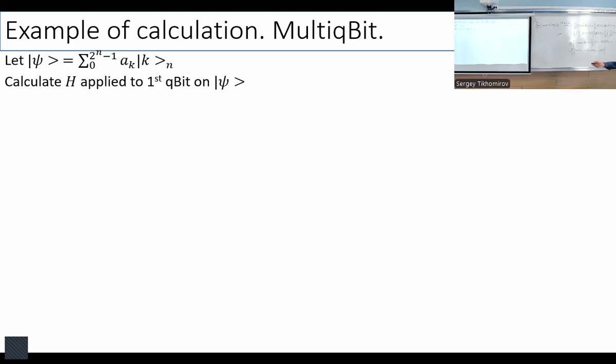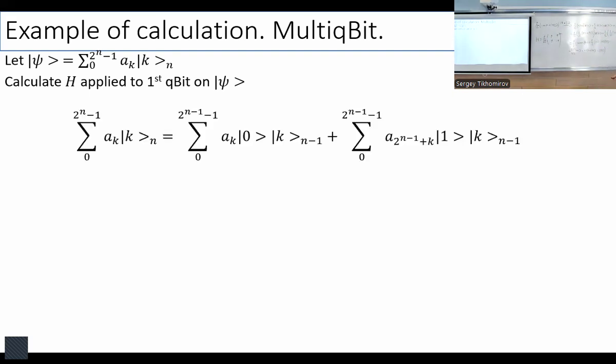So I will still apply H, which is 1, 1, 1, minus 1, one of the simplest gates which exist, and show what computational complexity it creates.